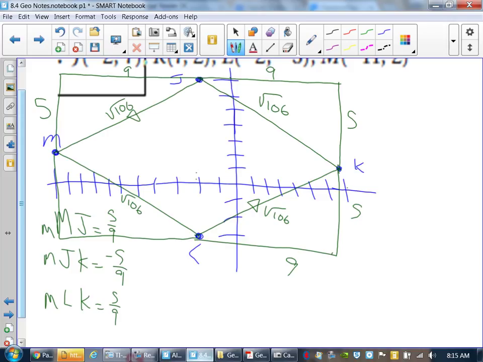Yes, sir? A kite is a quadrilateral with no sets of parallel sides, with two non-opposite sides congruent. So 2 adjacent sides congruent. What that means is that you have basically an isosceles triangle with another isosceles triangle.